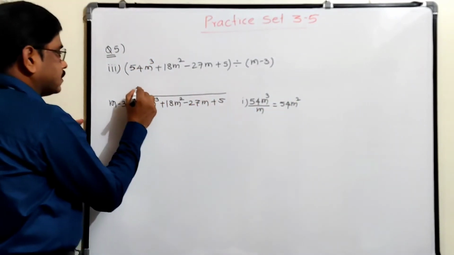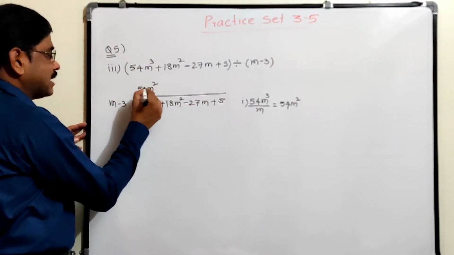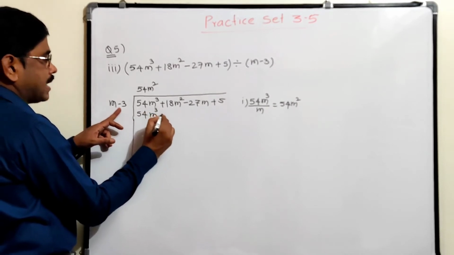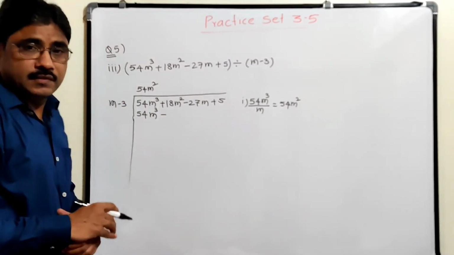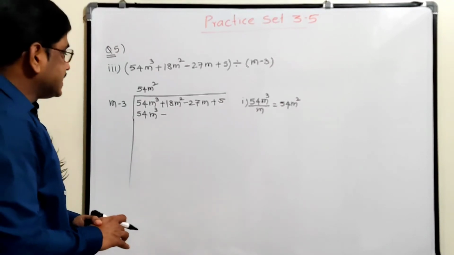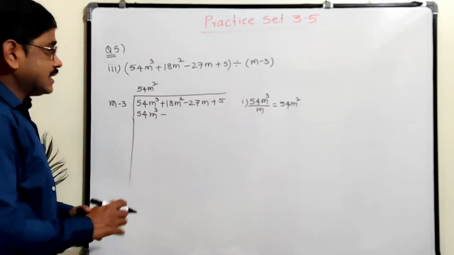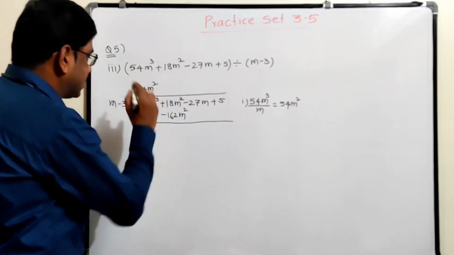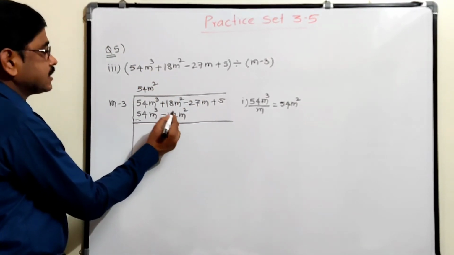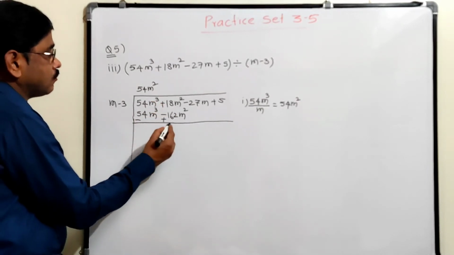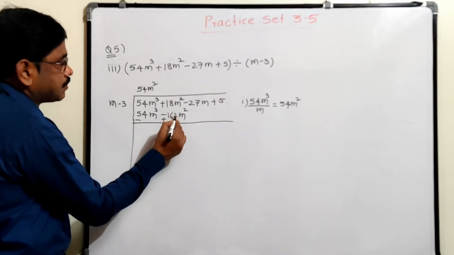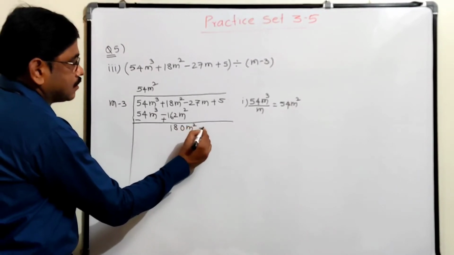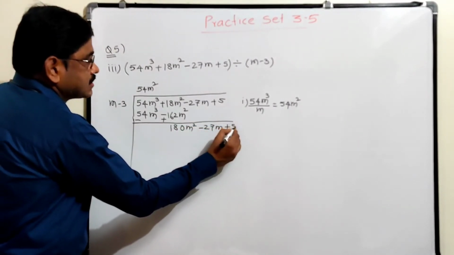Now multiply with this. 54 m square into m is 54 m cube, minus sign, 54 times 3 is 162 m square. Now minus becomes plus 162, plus 18, it becomes 180 m square minus 27 m and plus 5.